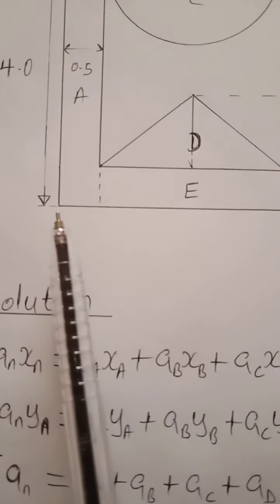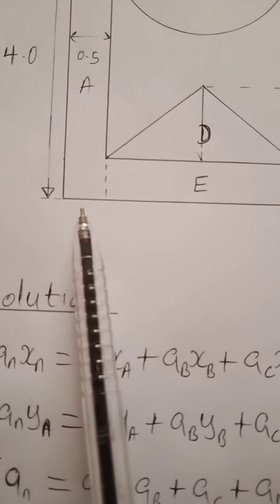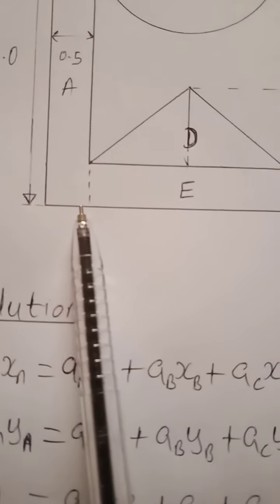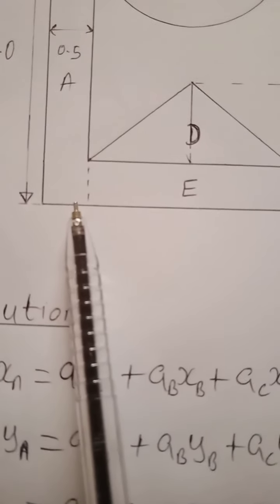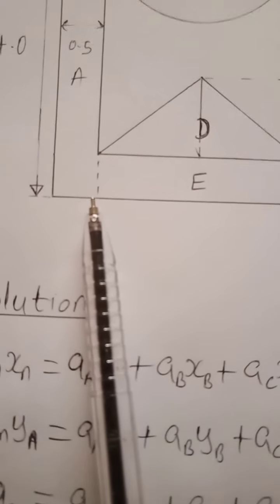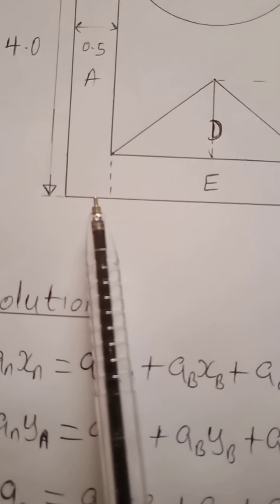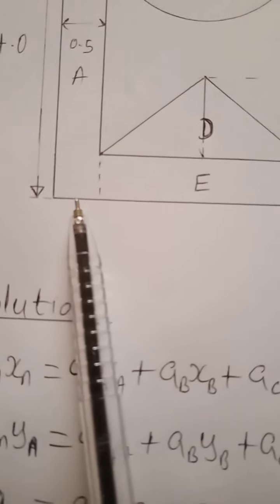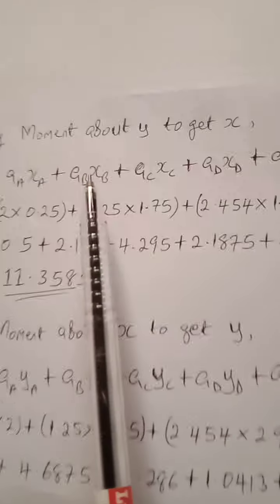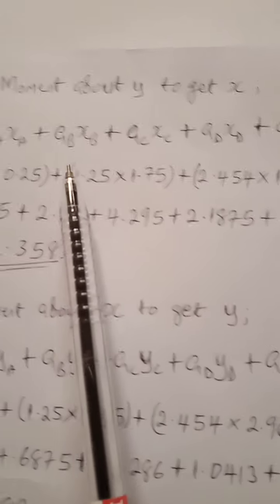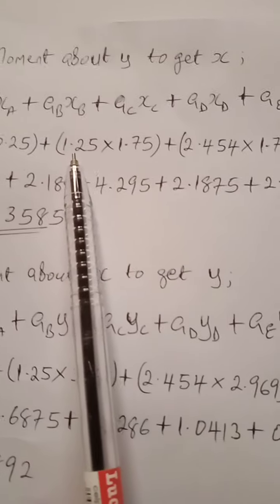The area, which is 2, multiplied by the distance. The distance is 0.25. Here to here is 0.25, which is what we have obtained here. The same thing goes for shape B.